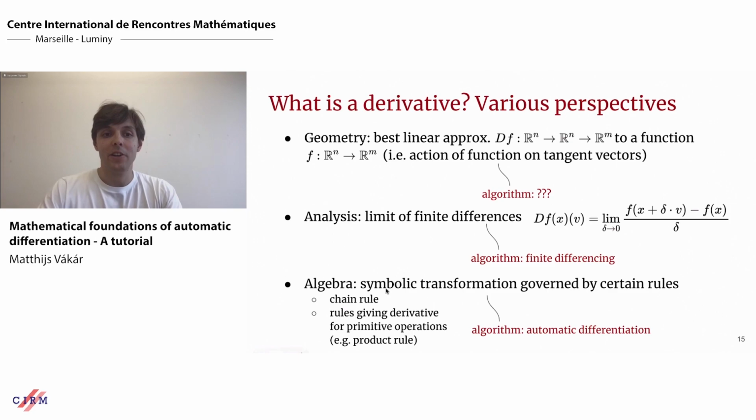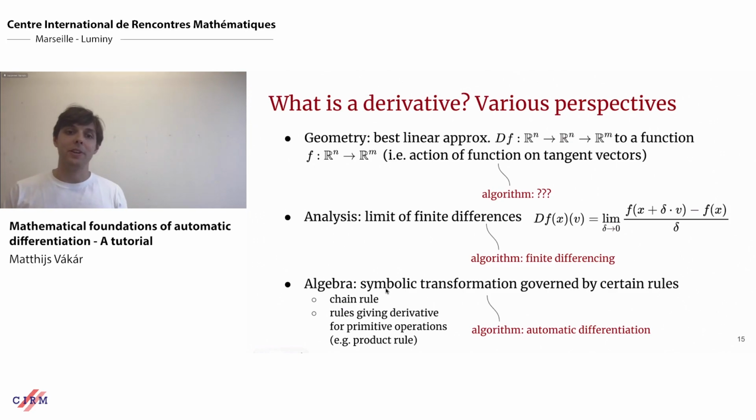A very different definition of derivatives, however, follows from a more algebraic perspective. I think that this is somehow the definition that we often teach to high school students, because in some ways it's so easy to calculate with. That's the idea of derivatives as a kind of magical recipe that performs a symbolic transformation governed by certain rules.